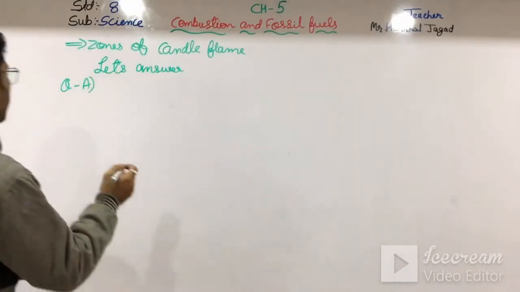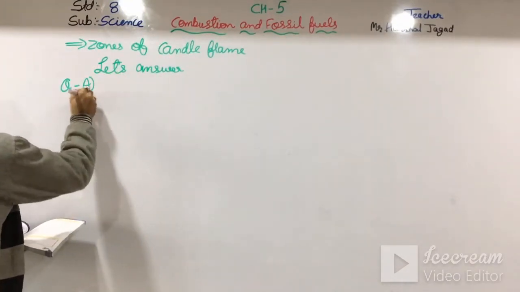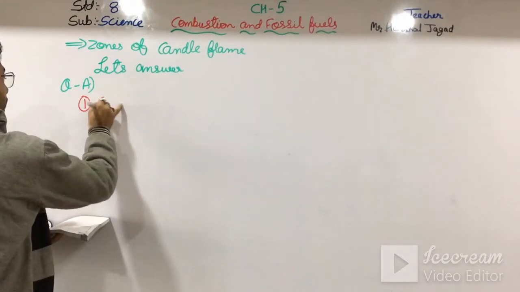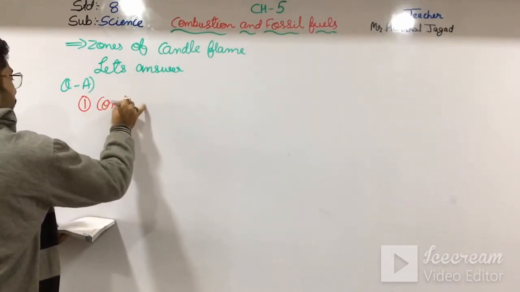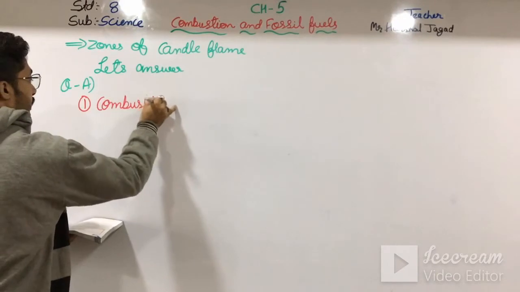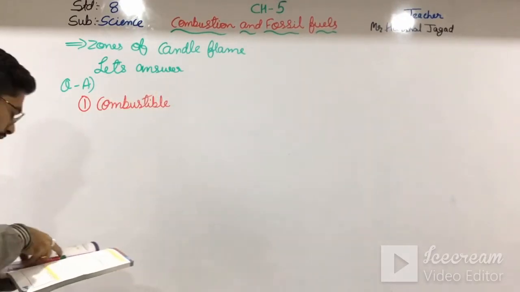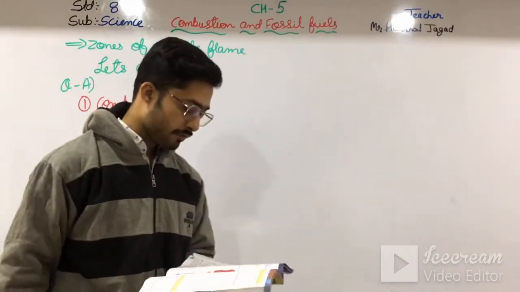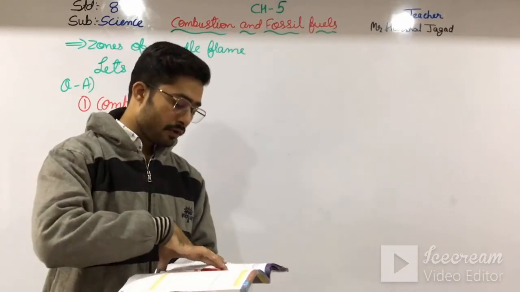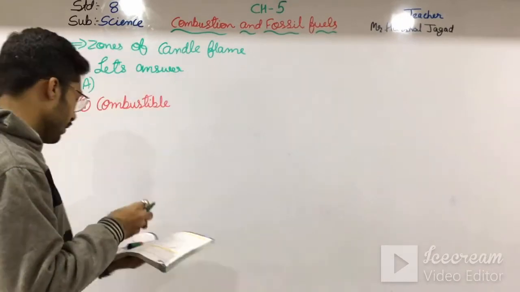So here they are combustible substances. So your first answer is combustible. Then, a yellow flame is a dash flame, luminous or non-luminous. Then it will be luminous.